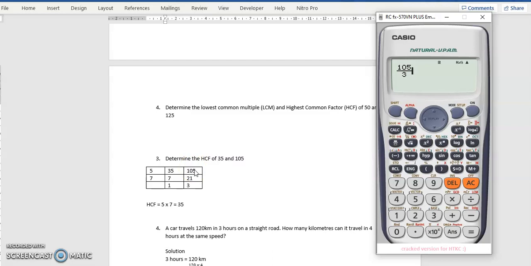But you have to test the other number also. 35 divided by the same 3, we can't use this one. So here, we can't use 3. Then you quickly move to 4.